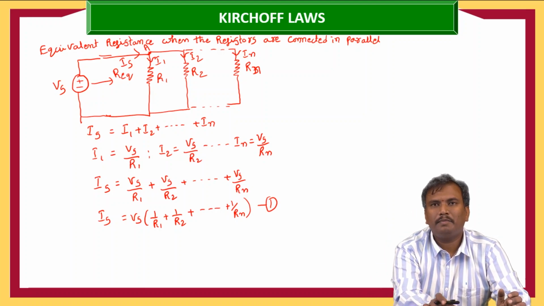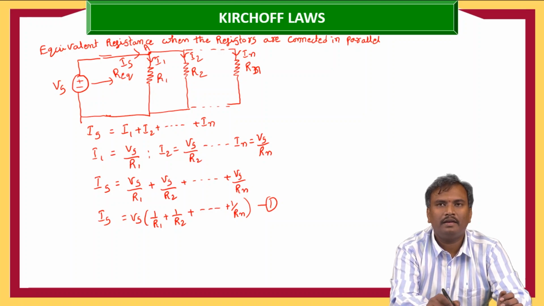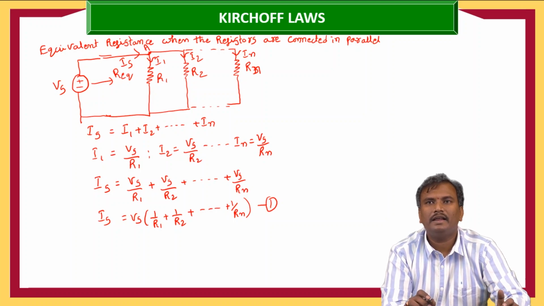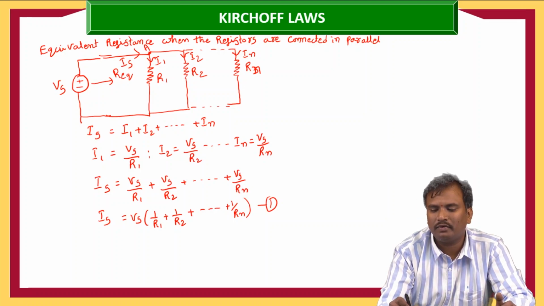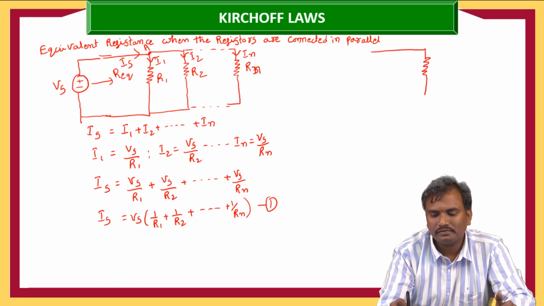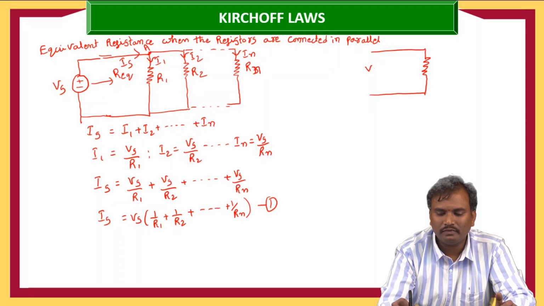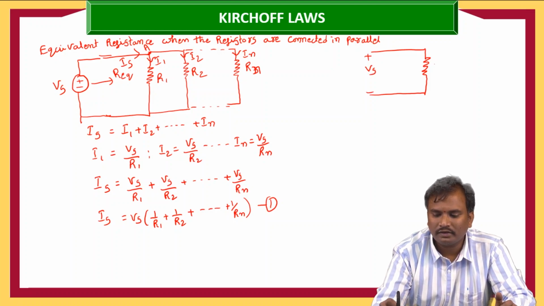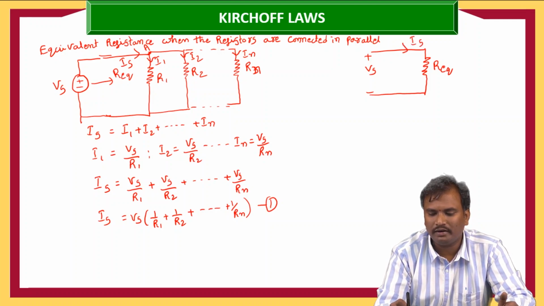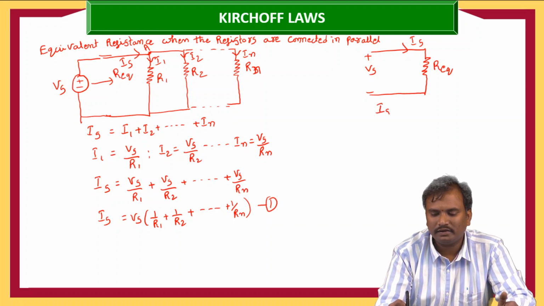Now let us replace all these n parallel resistances with a single equivalent resistance. Vs we are giving, and this is the R equivalent and Is. From this we can write Is is equal to Vs by R equivalent.